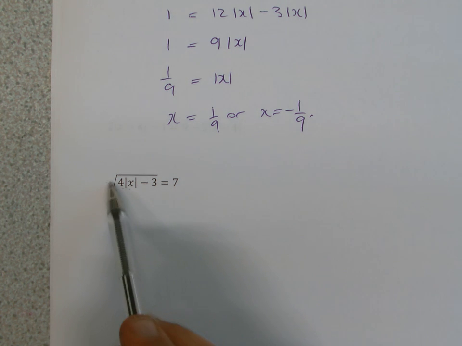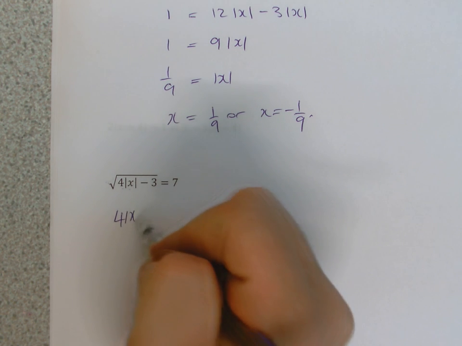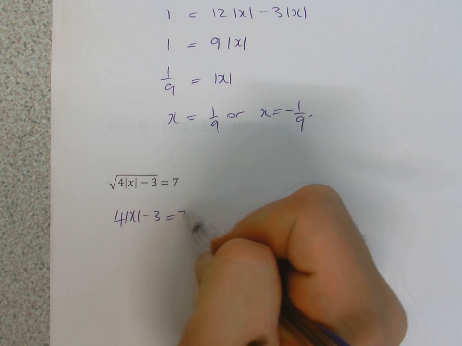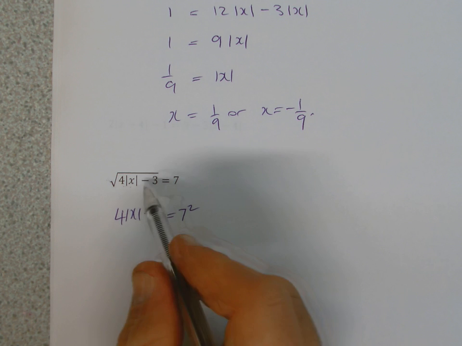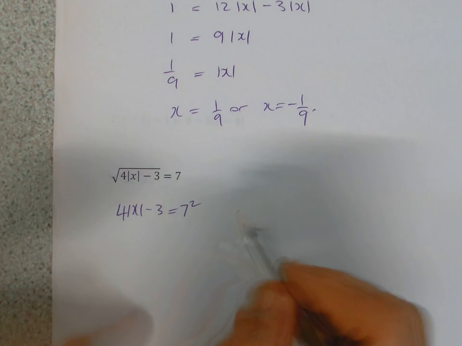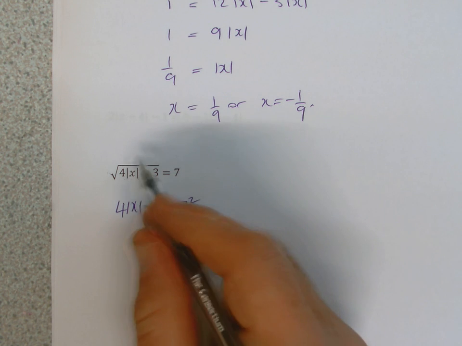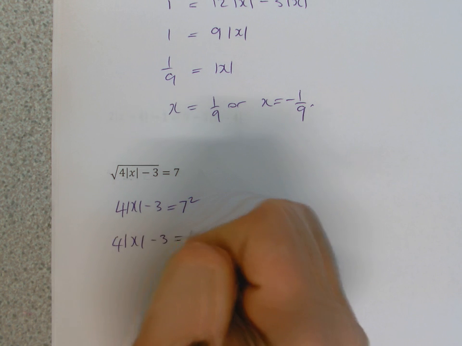So we could think of taking the square root over the other side, and we will do the opposite, of course, which is squaring. We're taking that over and we got rid of the square root, or we're squaring both sides. It depends how you see that. Squaring this side gets rid of the square root. Squaring that side, you end up with 49.